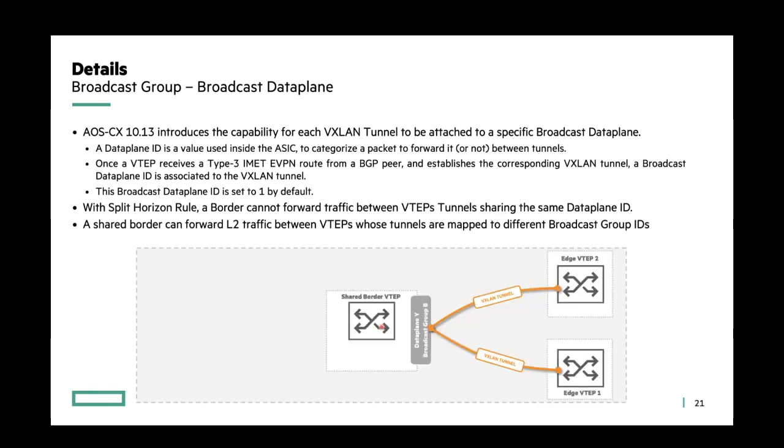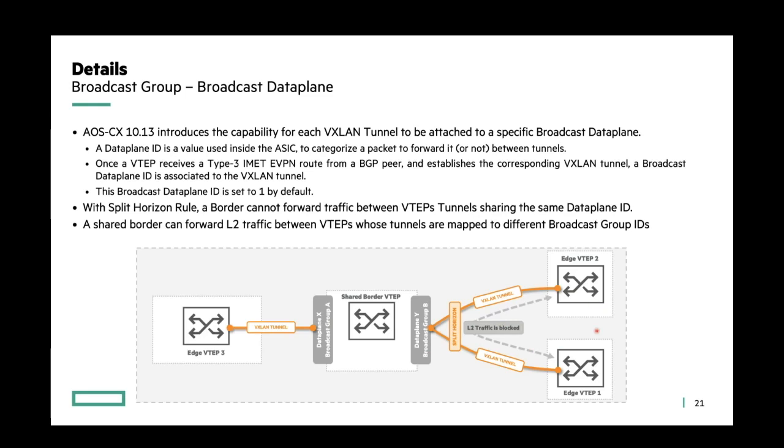If we now look at this diagram, we can see the following things. First, tunnels coming from edge VTAP number 1 and edge VTAP number 2 are attached to the same broadcast domain, so broadcast data plane. Due to the split horizon rule, the layer 2 traffic forwarding is blocked between those 2 VTAPs.